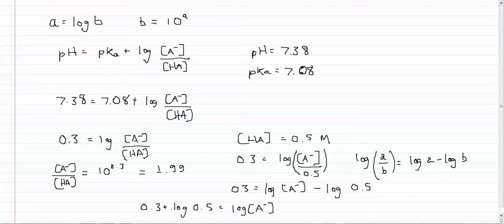And if we just work this one through, we find that log A minus is equal to minus 0.001. And then we can go back to our rule that if a equals log b, b must equal 10 to the a. So if minus 0.001 equals log A minus, then our concentration must equal 10 to the minus 0.001.